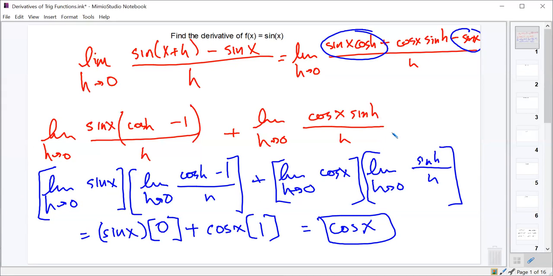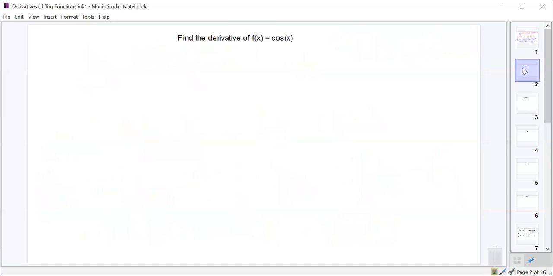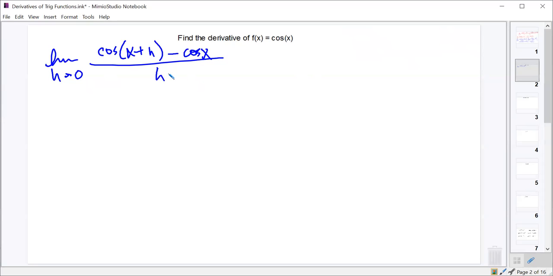All right. So if the derivative of sine is cosine, what's the derivative of cosine? It's a sine. One would hope that it's just sine, yeah? But it's not. That would be nice, but it's not the case. So let's do the limit as h approaches 0 of cosine of x plus h minus cosine of x all over h. And I bet you have a pretty good idea of what we're going to do here.